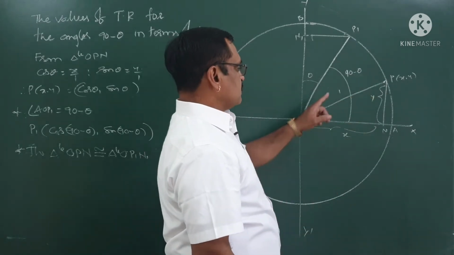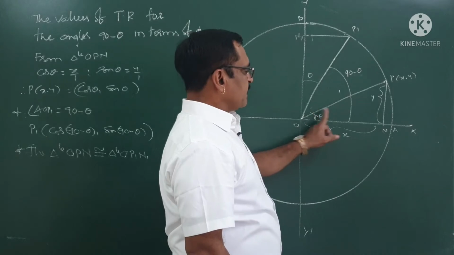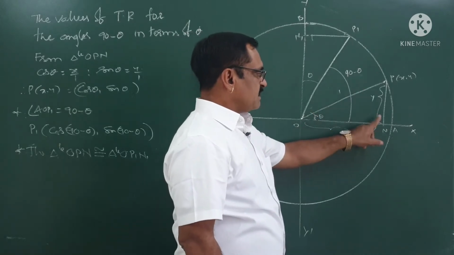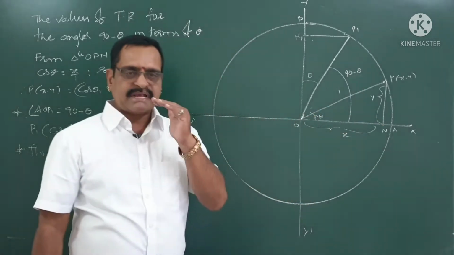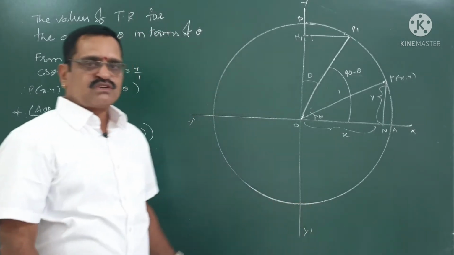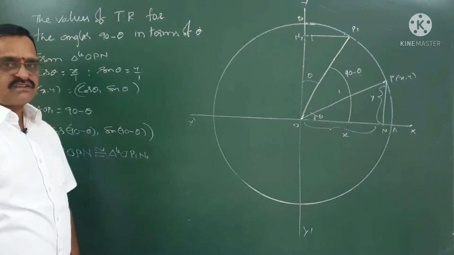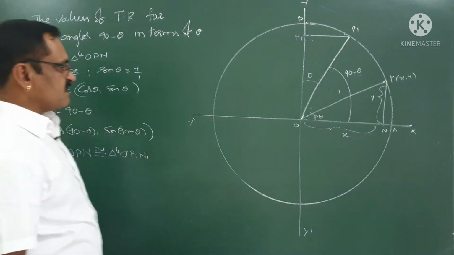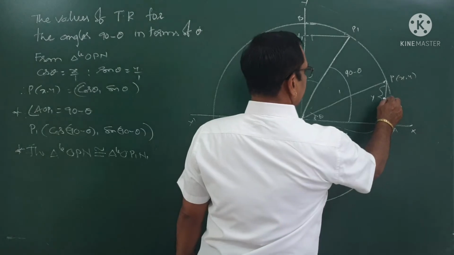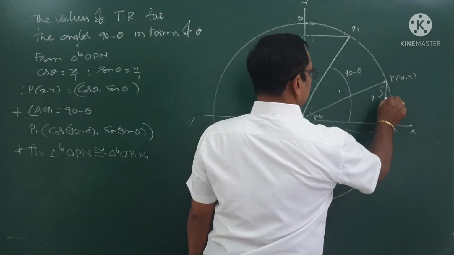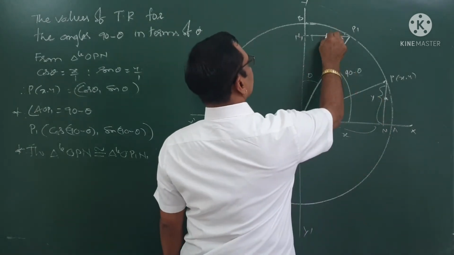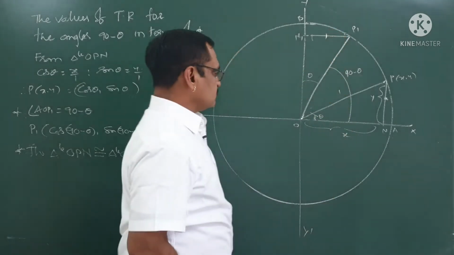By the angle-side-angle property, that means ASA property, these two are congruent. When these two are congruent, corresponding sides are equal. What are the corresponding sides? My PM is equal to P1N1.